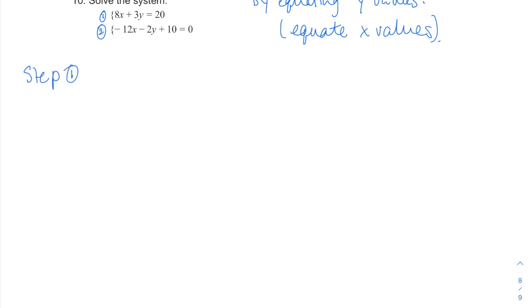So in step 1, you would isolate y in both of these equations, or conversely, if you wanted to equate x values, you would isolate x in this step, but that's up to you. So in this case, we're going to isolate y in both of the equations.